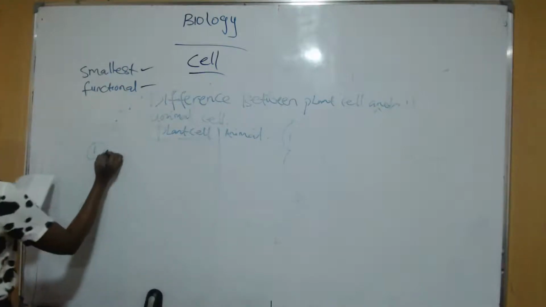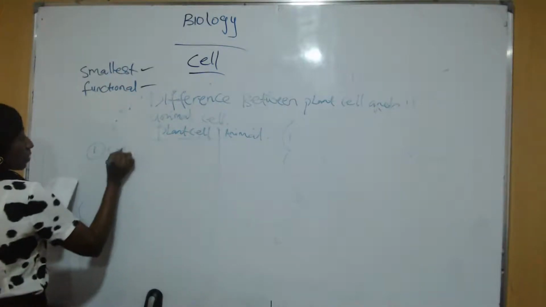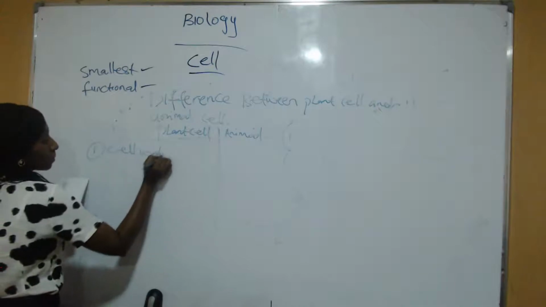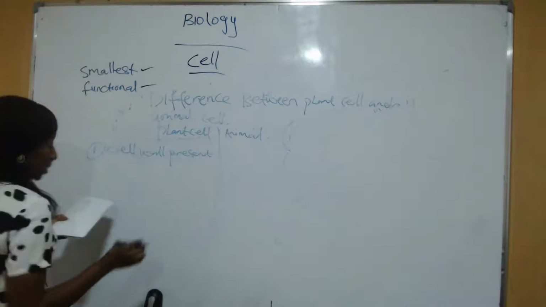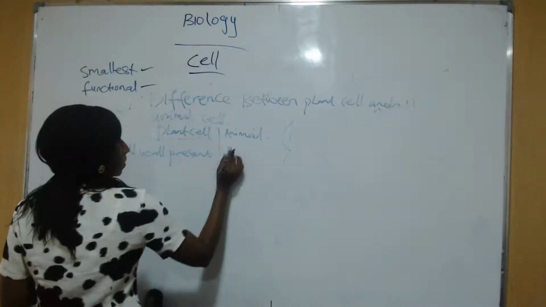In the plant cell, like I said earlier, you have the cell wall. Cell wall is present, but it's absent in an animal cell.